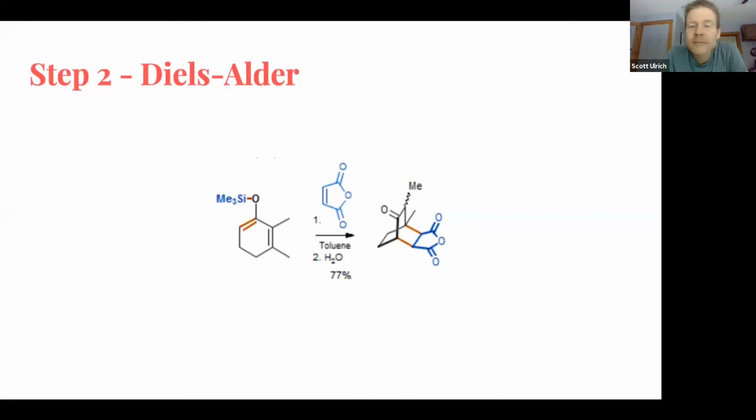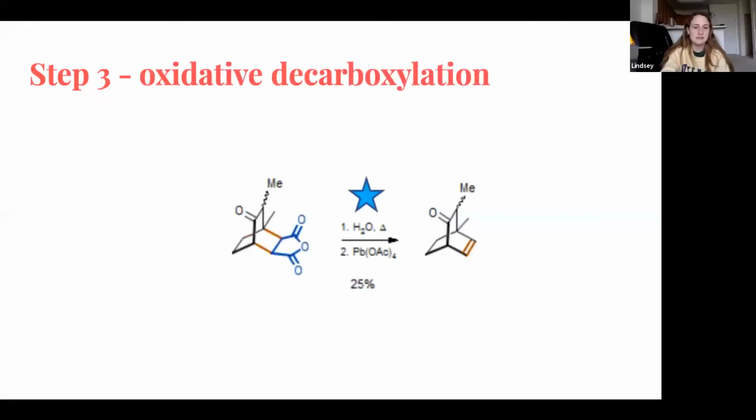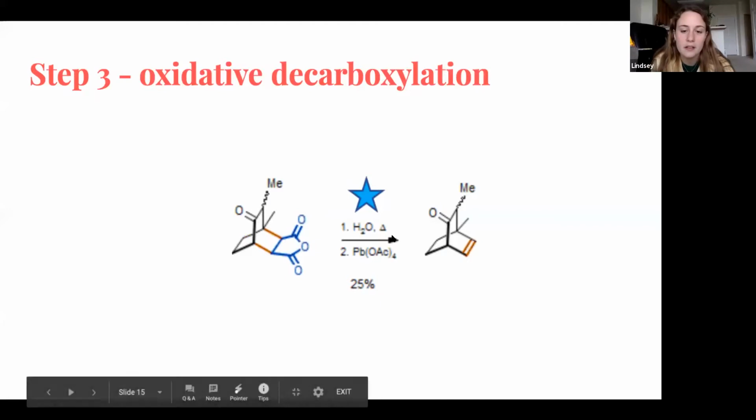Yeah. And then next is something DJ would do. It is something DJ would do. It's an oxidative decarboxylation. We don't really know exactly how it works, but all we know is that the Pb(OAc)4 is a selective oxidative agent.